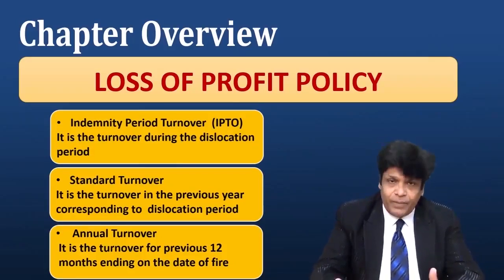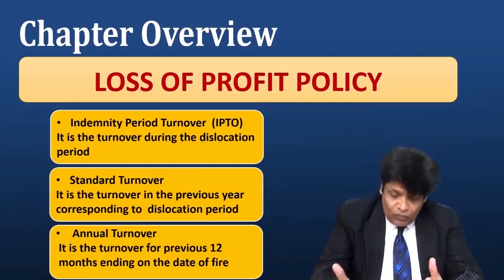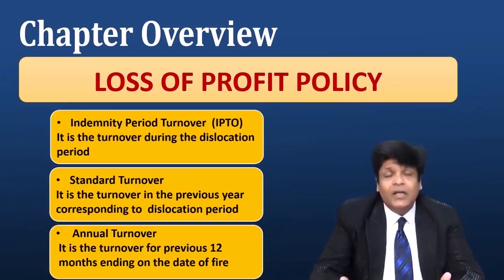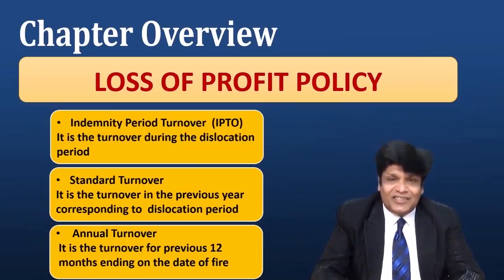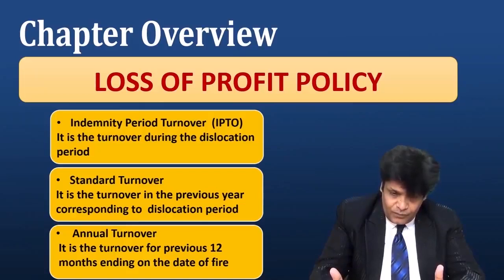I repeat once again. Sir, what is indemnity period turnover? It is the turnover during the dislocation period. Sir, what do you mean by dislocation period? The period in which the sales has got adversely affected.